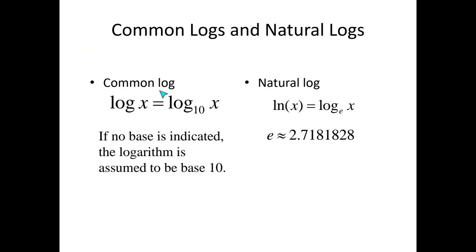So the common log is log x. Notice here it's missing. Normally, let me just backtrack a little bit. When we're doing logs, normally you'll see it like this. You have log, and then they'll have a little number right here, and then you'll have some other number over here. This little number here, the 4, that's what we call the base.